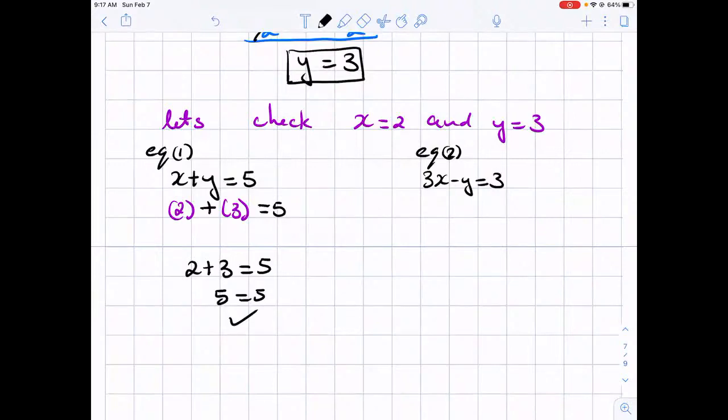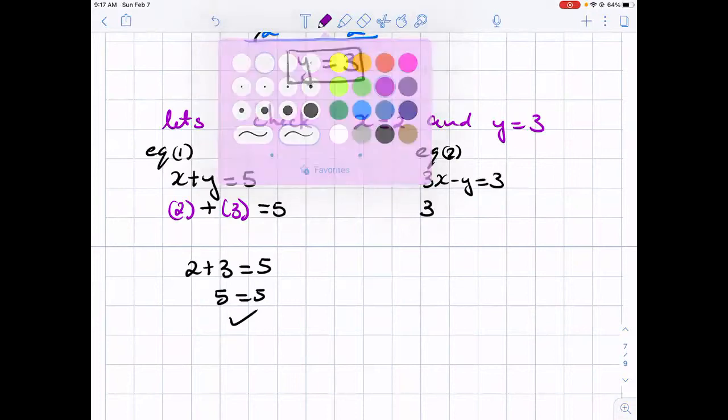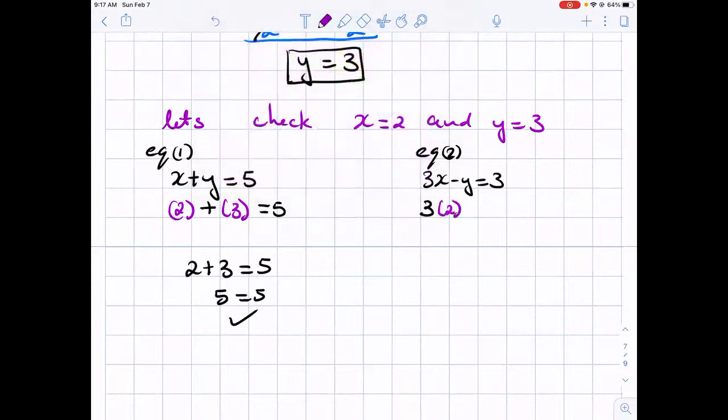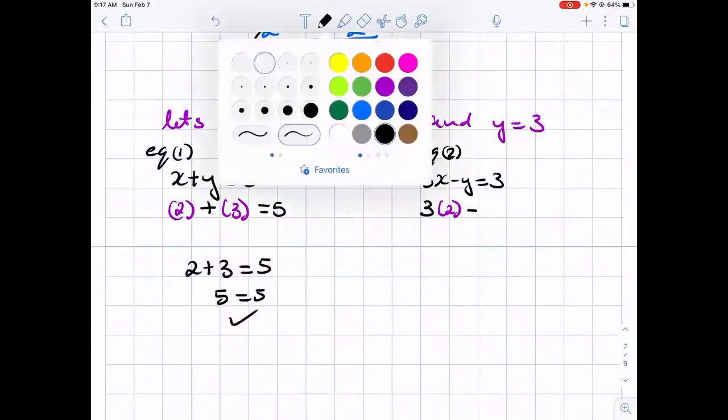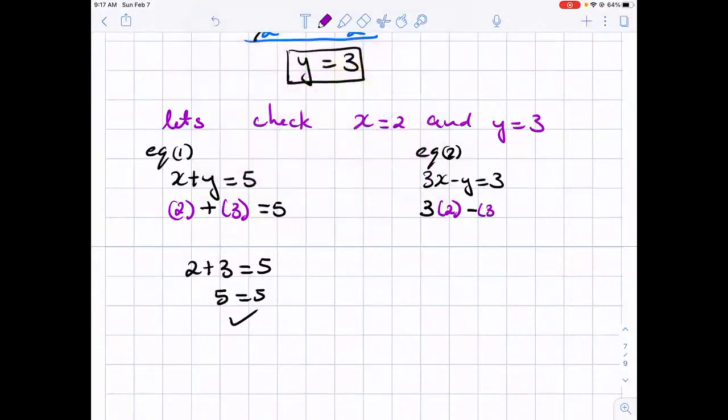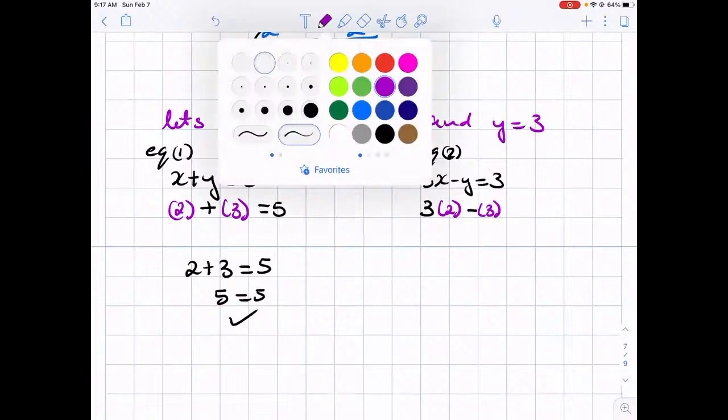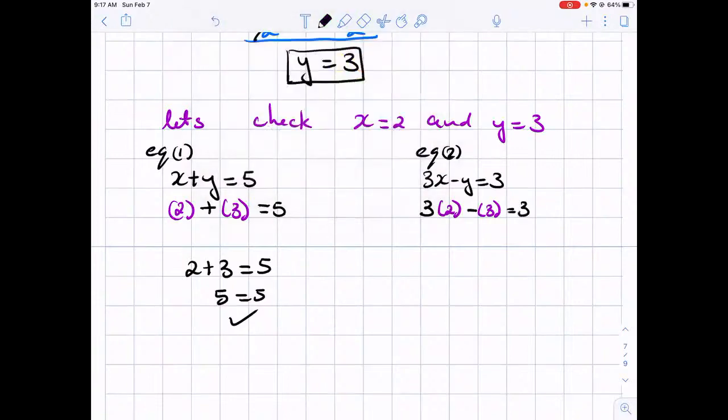Now let's see if that satisfies equation 2, because if it does not, then it's not a solution. So we have 3, and instead of x here, we're going to write 2. And I will subtract, instead of y, I'm going to write 3. And we simplify the left side.